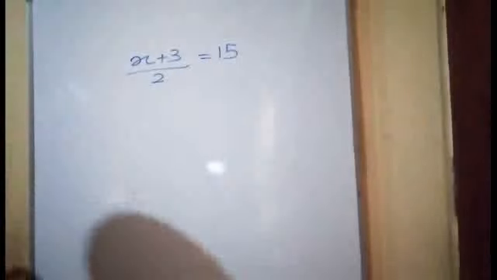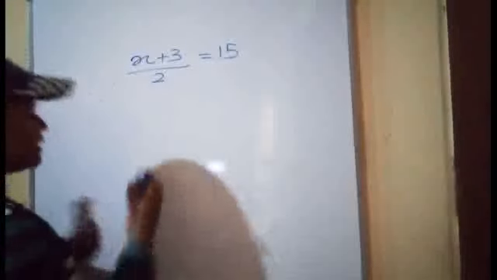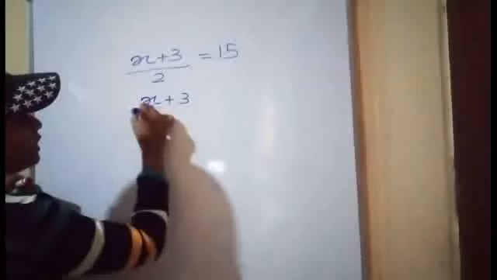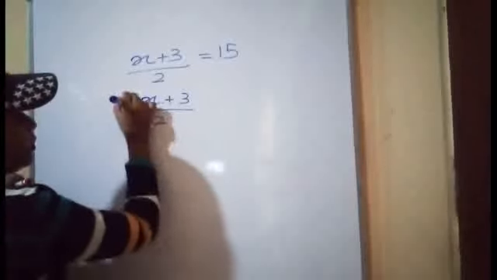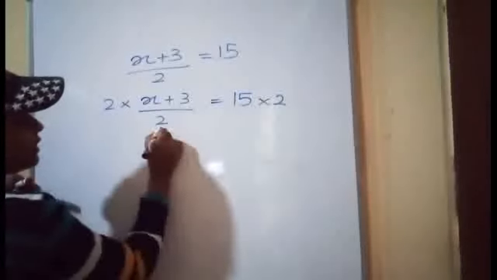Solving linear equations containing fractions. Now we have fractions. Let's solve like that one. Solve x plus 3 over 2 equal 15. Is this easy or not? Very easy. Both sides multiply by 2 because the denominator is 2.